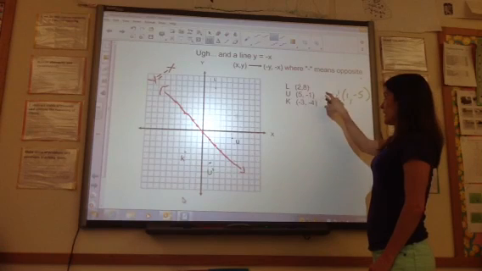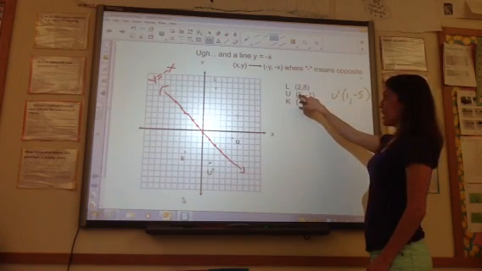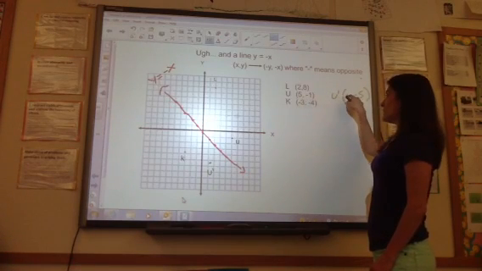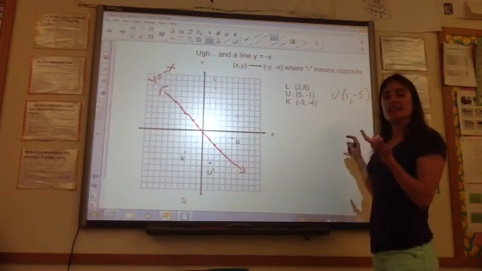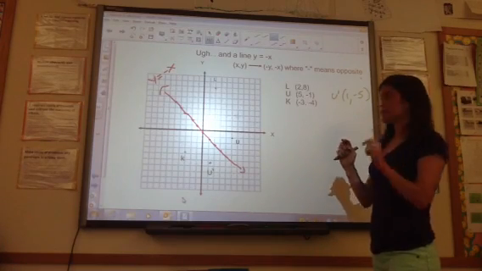U's y and U prime's x are opposites of each other. So the x becomes the y and opposite. The y becomes the x and opposite. So these signs, compared with the signs after a reflection over y equals x, will be opposite.